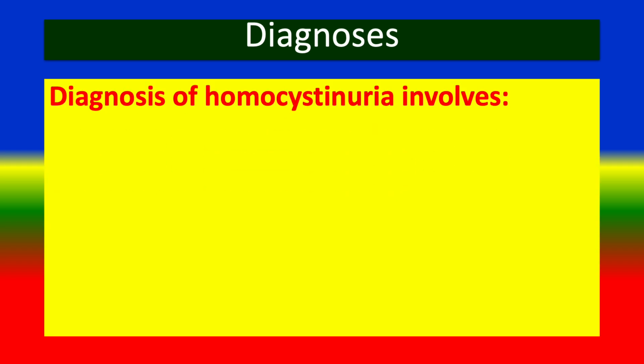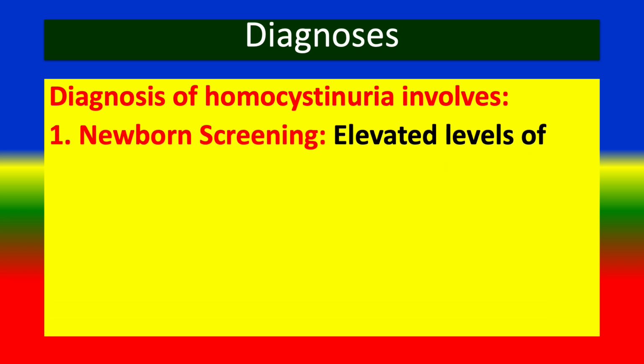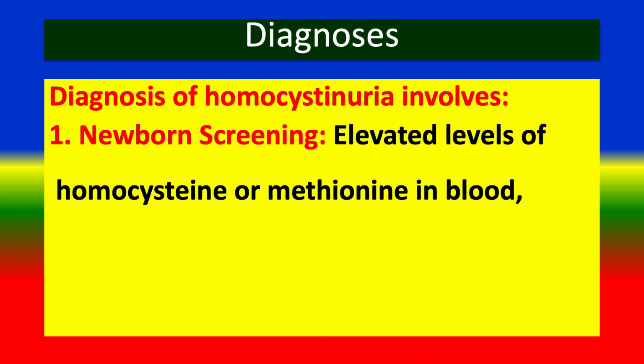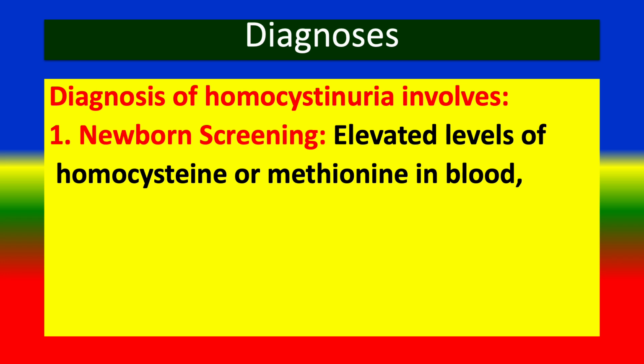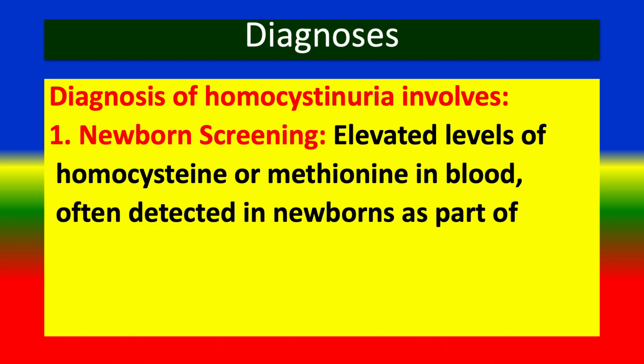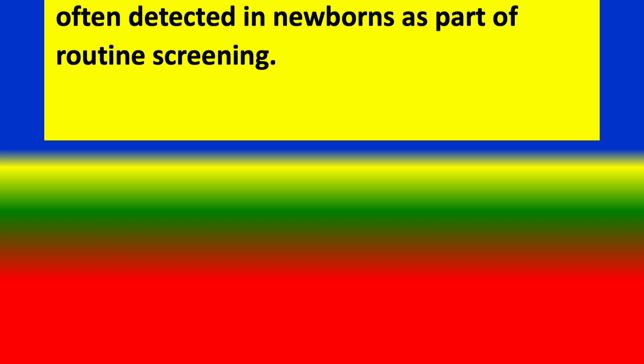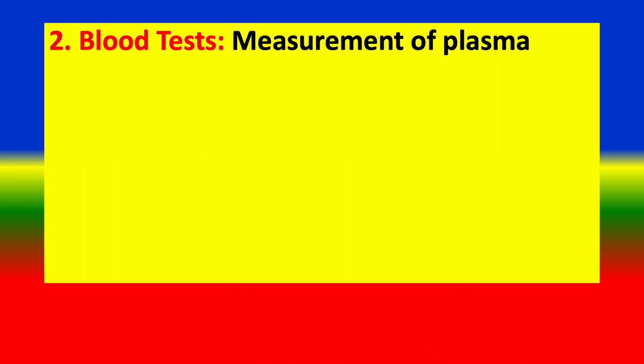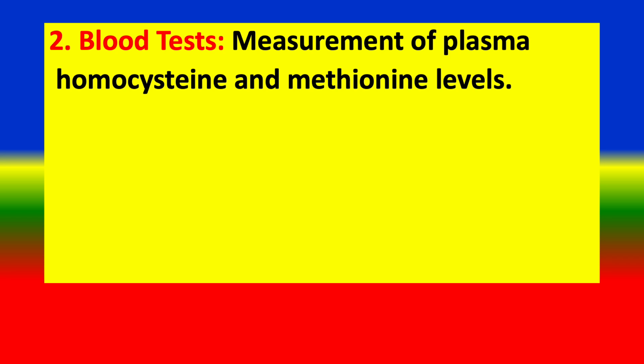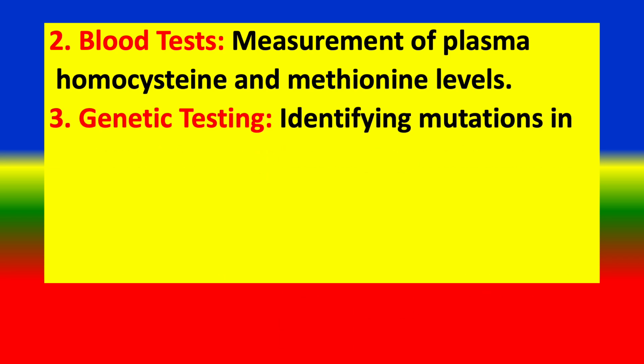Diagnosis. Diagnosis of homocystinuria involves: 1. Newborn screening, elevated levels of homocysteine or methionine in blood, often detected in newborns as part of routine screening. 2. Blood tests, measurement of plasma homocysteine and methionine levels. 3.